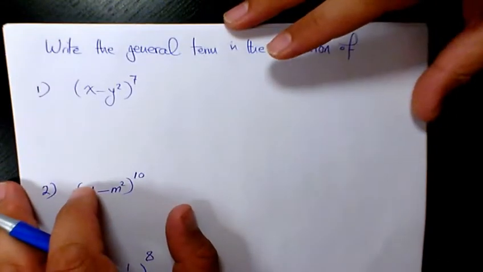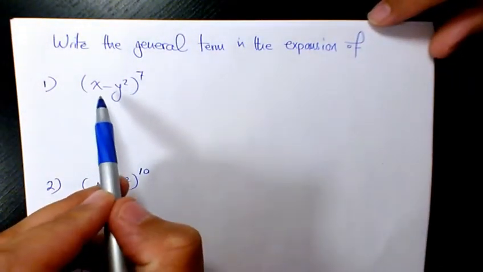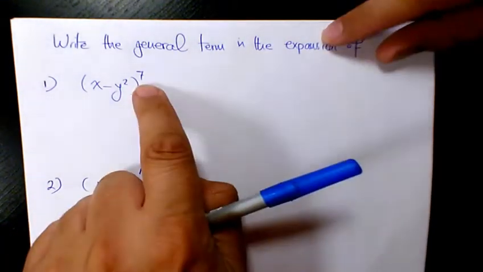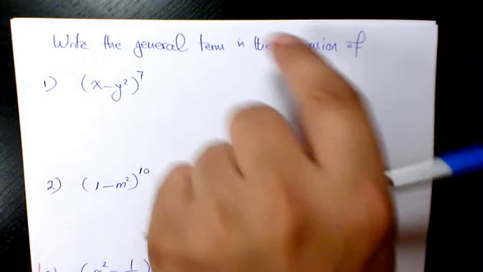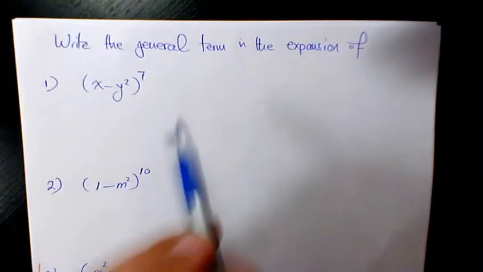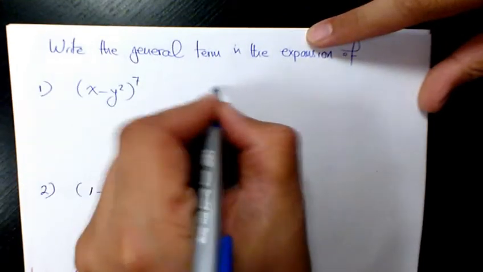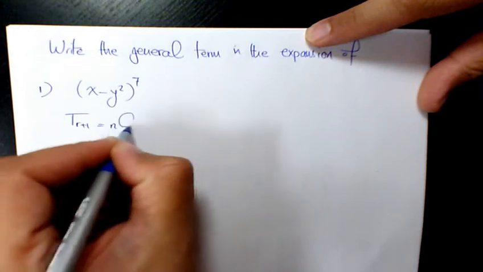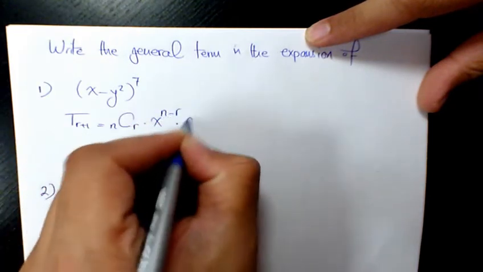For example, here they ask us to write the general term in the expansion of (x - y^2)^7. In this case, n is 7. If you want to write the general term, as we had, t_(r+1) equals nCr x^(n-r) a^r.